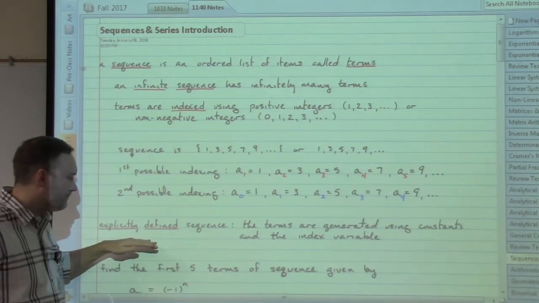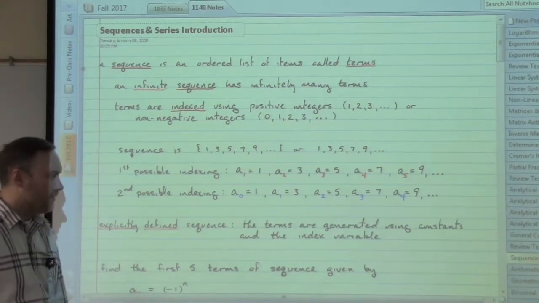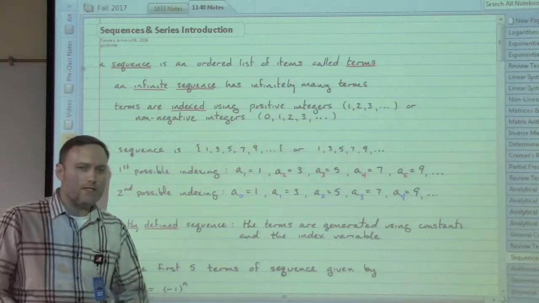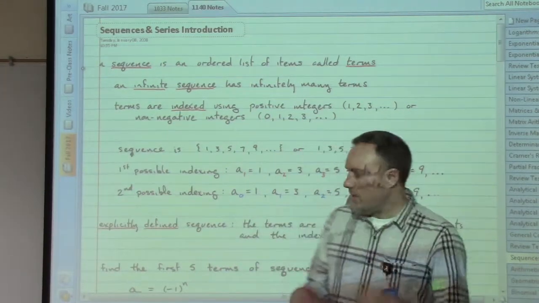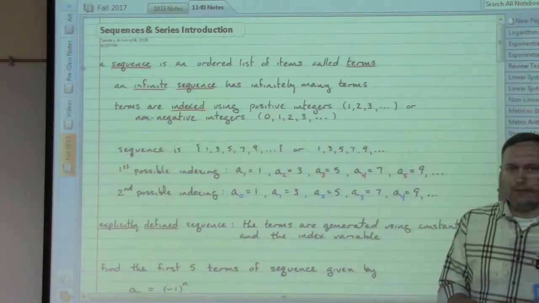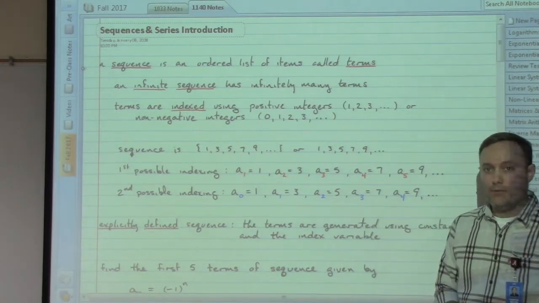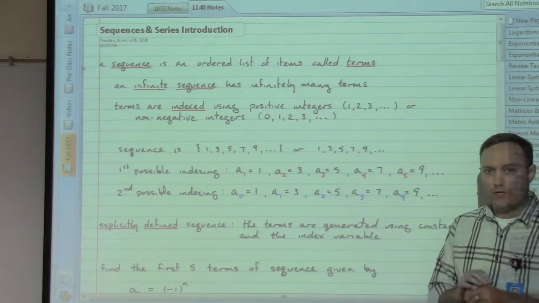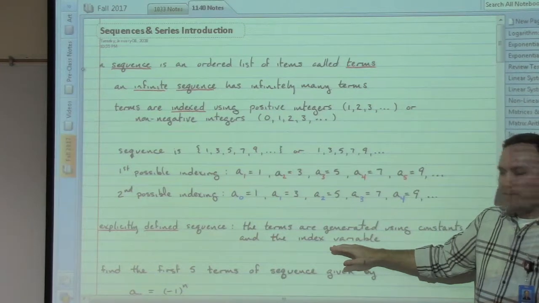Now, there are two different ways of defining sequences. We have the first, the explicitly defined sequence, and this is kind of what we're used to from having functions. We have constants, we have variables, and we basically can take a number, plug it in, jam out an answer, and that's that. That's the same sort of deal that we're talking about here.